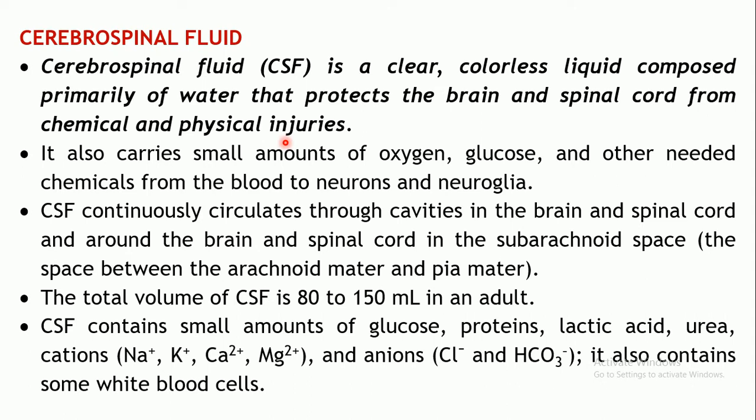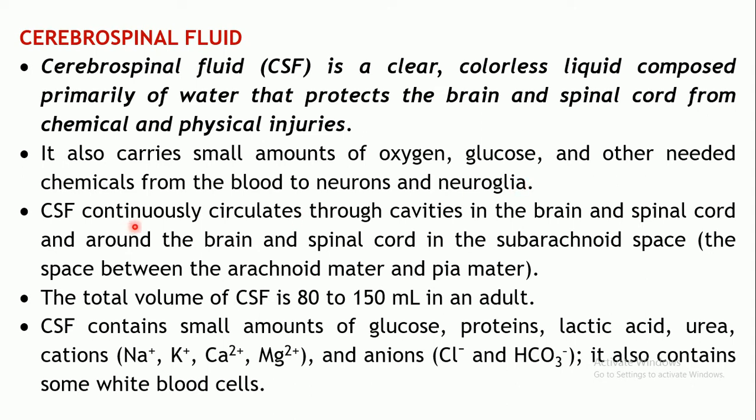Remember we had discussed the CSF, which is present within the subarachnoid space, when we were discussing the protective layers of the spinal cord. Even the spinal canal is filled with the CSF. This fluid also contains a small amount of oxygen, glucose, and certain other chemicals which are required by the nervous tissue of the CNS.